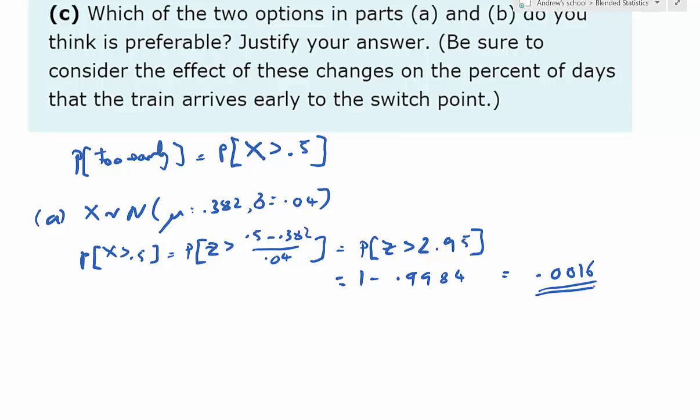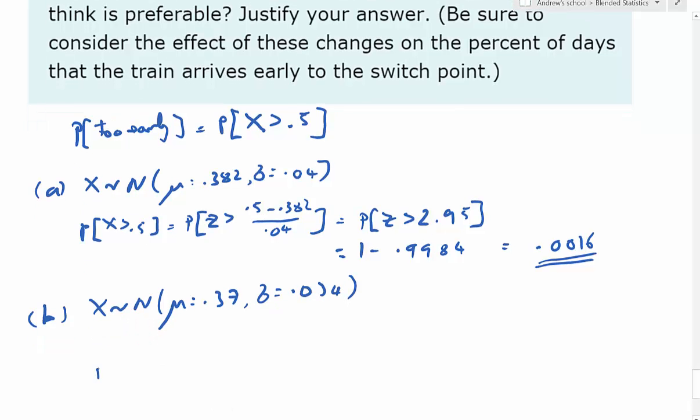Whereas in part B, we're told that x follows the normal with the same mean as before, 0.37, but this time the standard deviation has been reduced to 0.034.